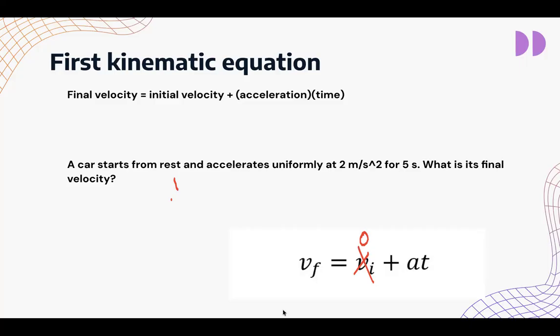Sorry, back to what I was saying. This is equal to zero because it starts at rest, and then you should recognize that A is equal to 2 and T is equal to 5, so you do 2 times 5, which is equal to 10 really quickly, right? It takes practice, but you guys will get faster and faster at it.